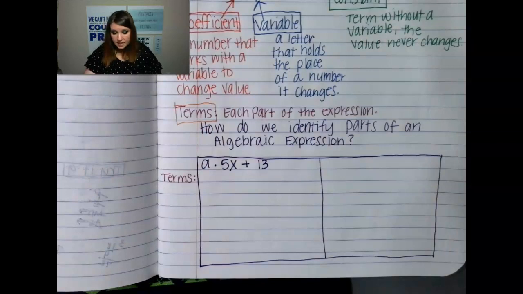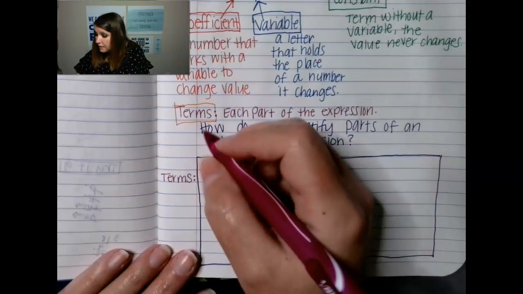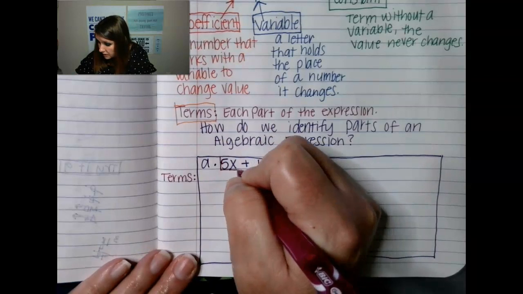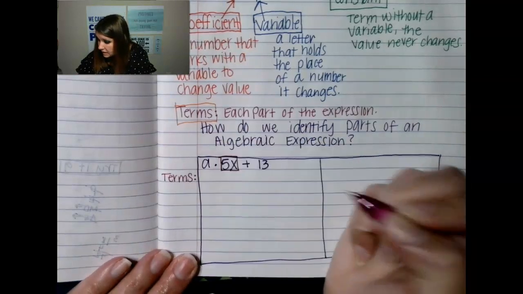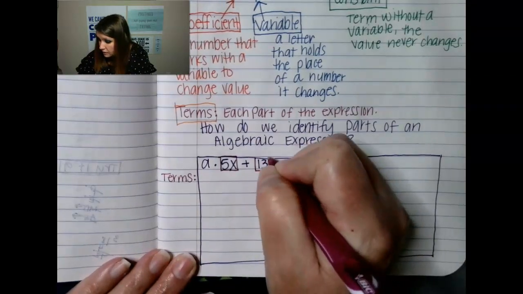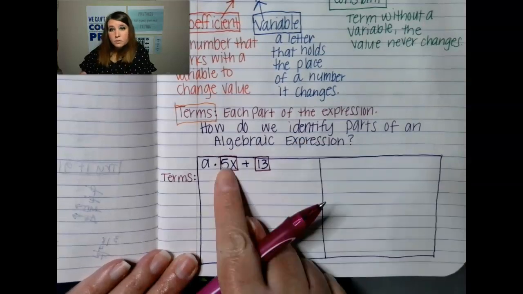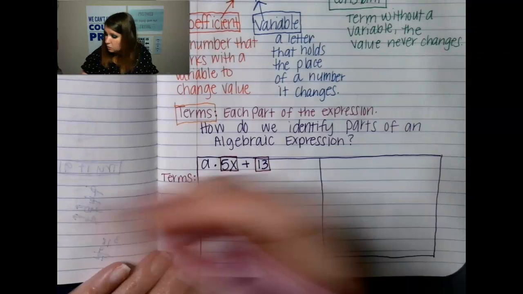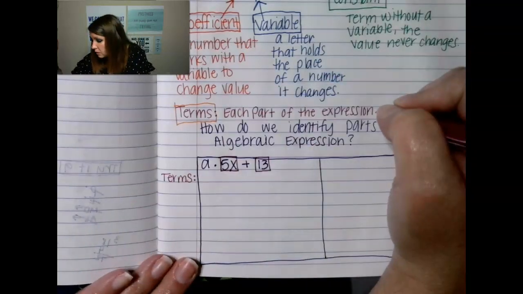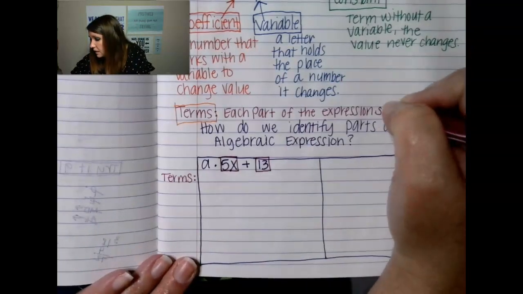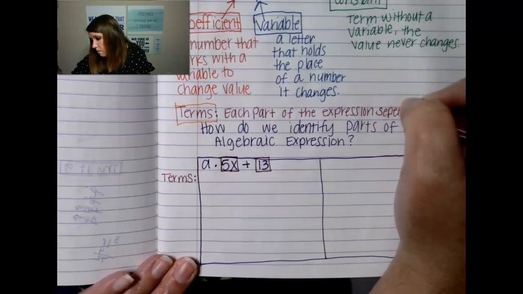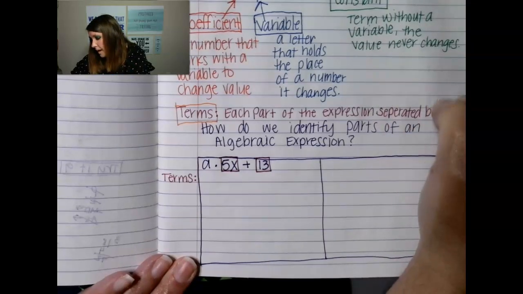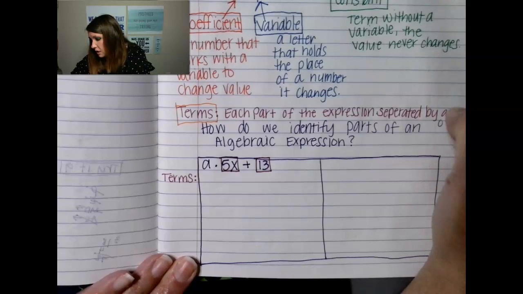So we're going to look at this and we are going to see that there are two different terms here. We have 5x and we have 13, separated by an operation.